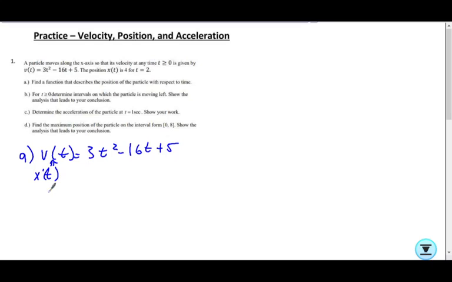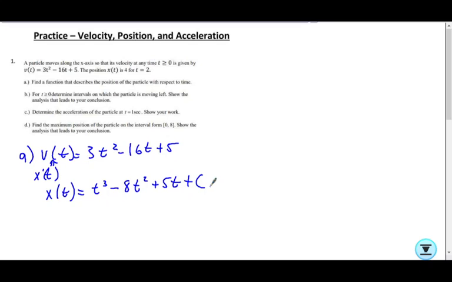So x of t is going to be the antiderivative of my velocity. So what gives me a derivative of 3t squared? Well, that's t cubed minus 8t squared plus 5t plus some constant.